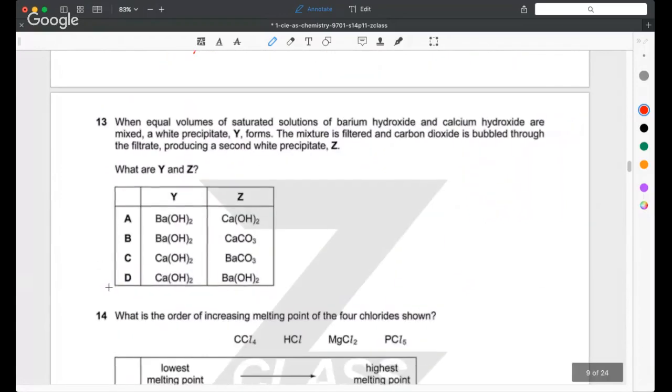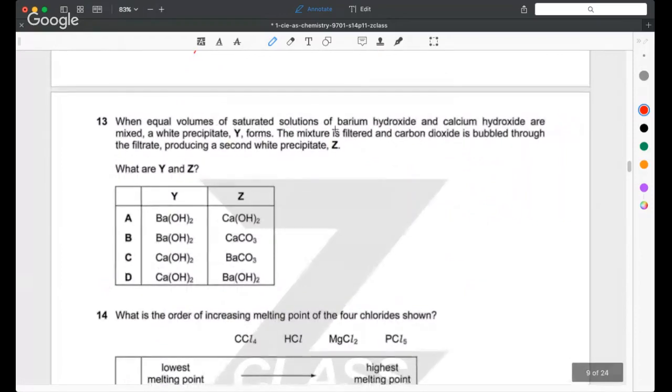Good. So in this question, they're mixing calcium hydroxide with barium hydroxide. And you need to know that as you go down group 2, the hydroxides become more soluble.